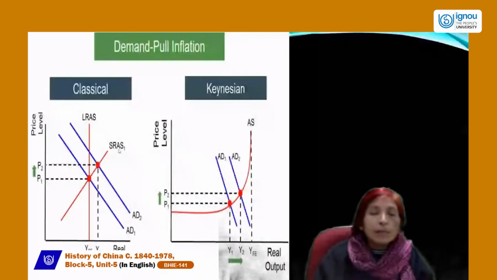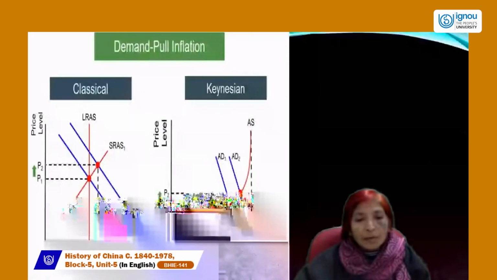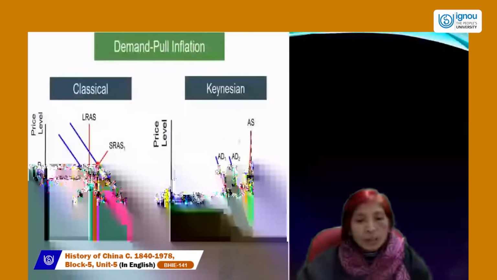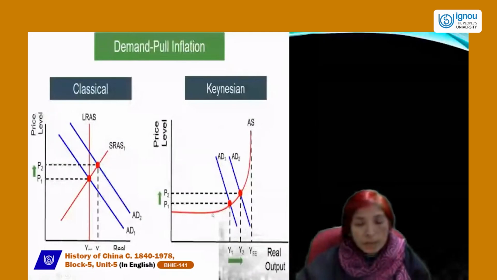But according to the Keynesian approach, aggregate supply will be different. After that it's a moderate situation, and at the end the aggregate supply curve will be vertical. So here aggregate supply is horizontal or parallel to the x-axis, that is the Keynesian range.